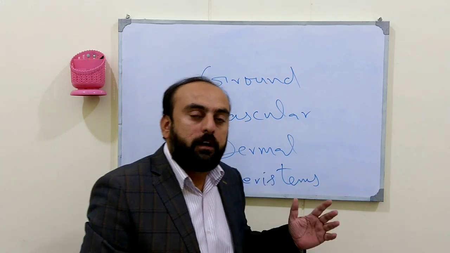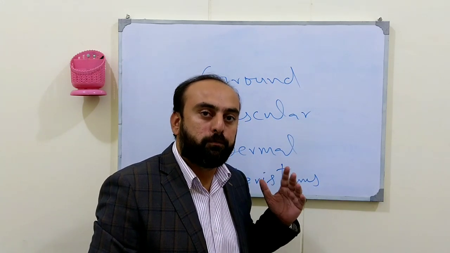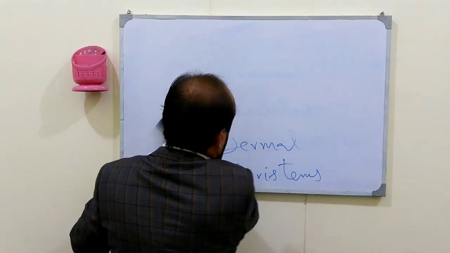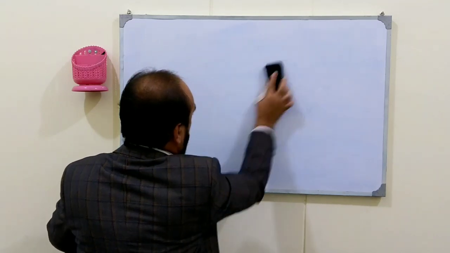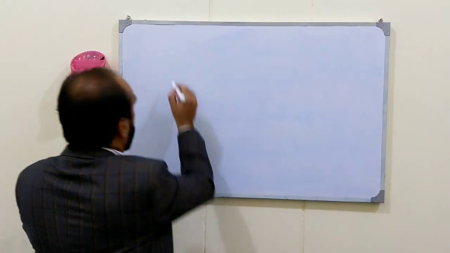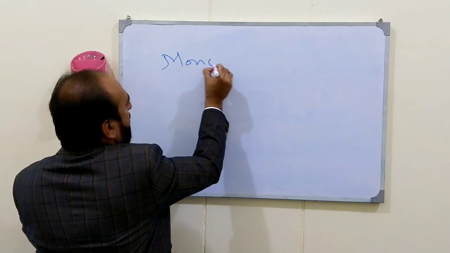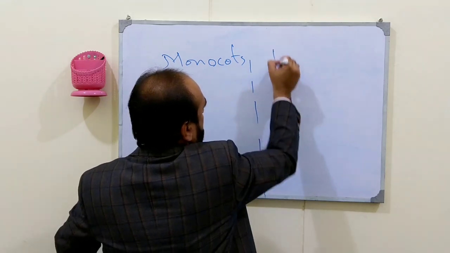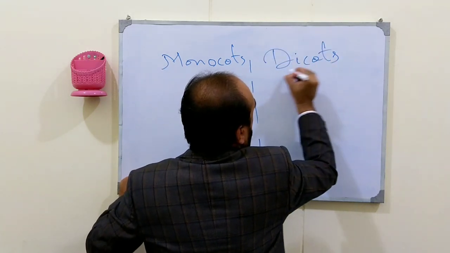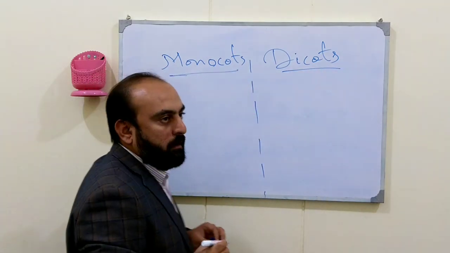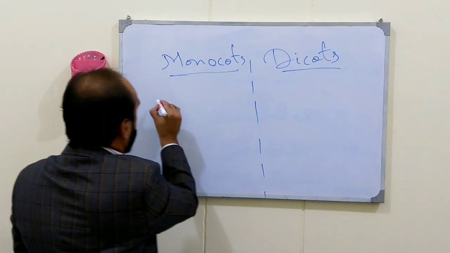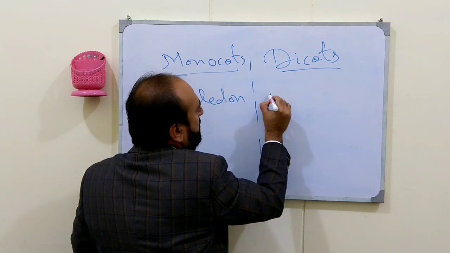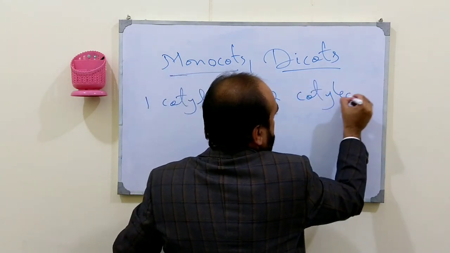Broadly, we can categorize plants into two types: monocots and dicots. Monocots have one cotyledon and dicots have two cotyledons.